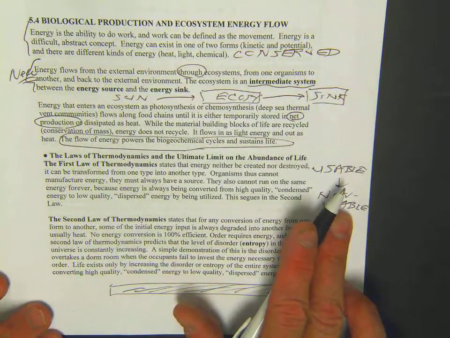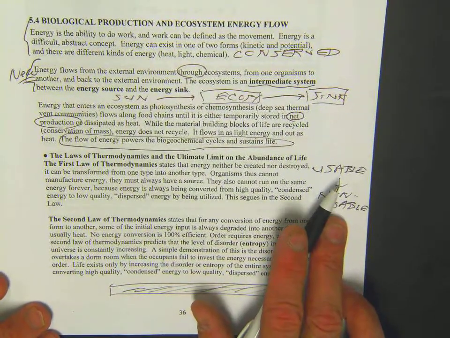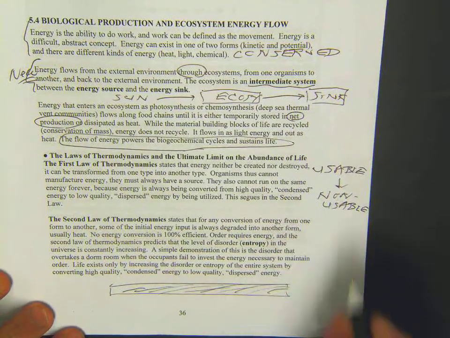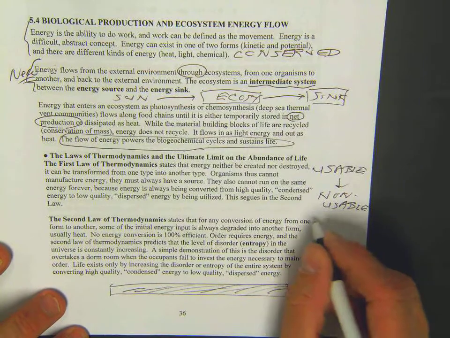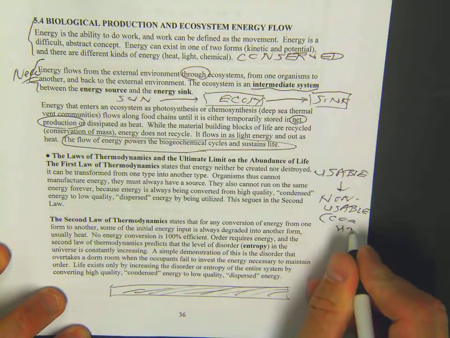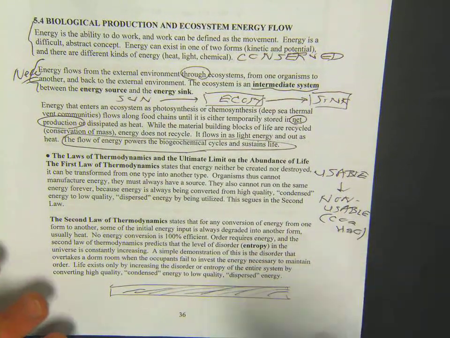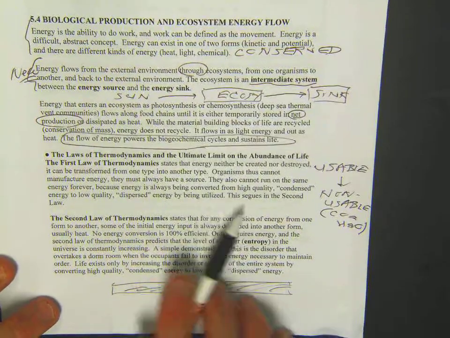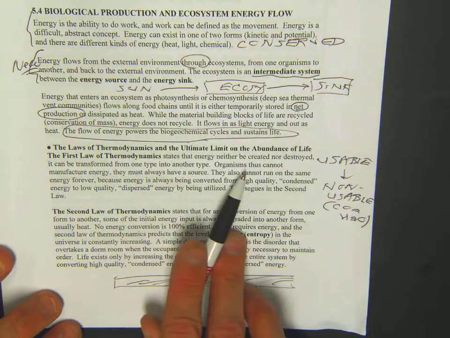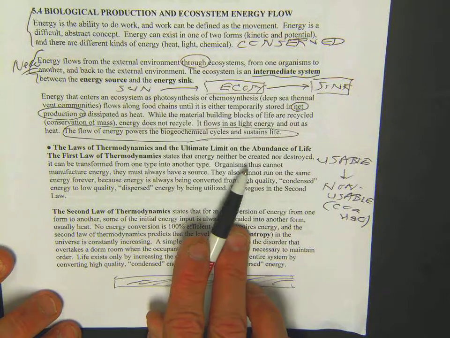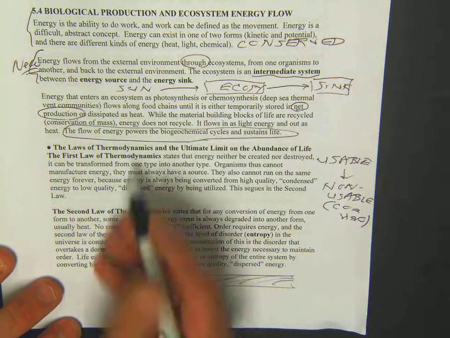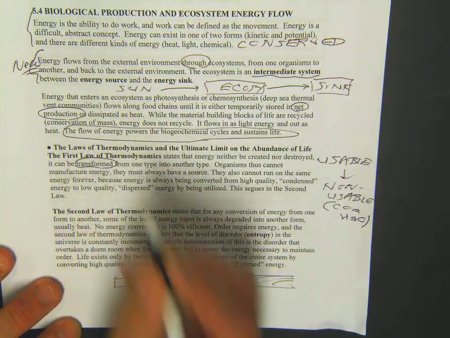Usable would be, for example, the gasoline in the tank of my car. That's usable energy. The non-usable would be the CO2 and water that it basically combusts to as it goes out to the atmosphere. So the first law is that energy is never created nor destroyed. It's only transformed.